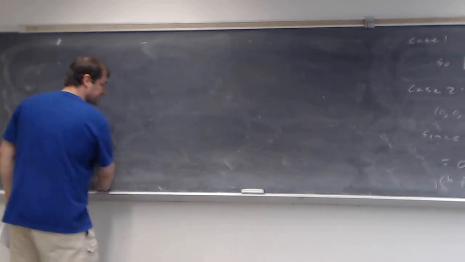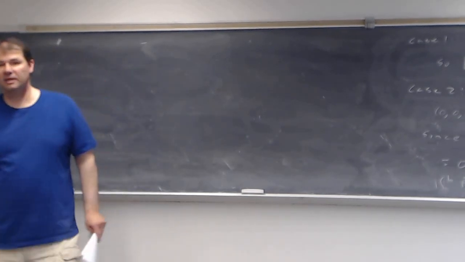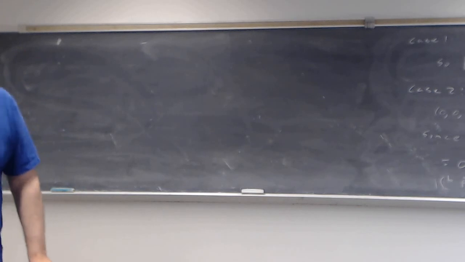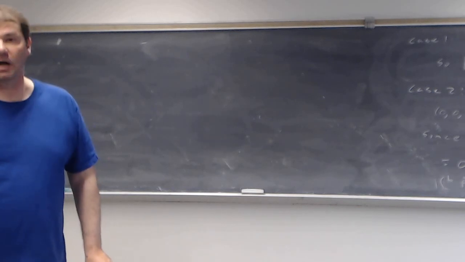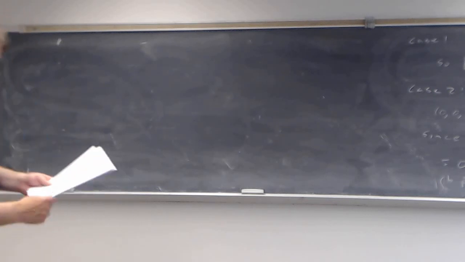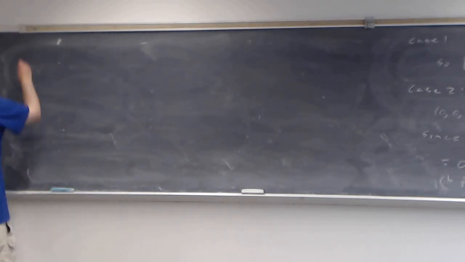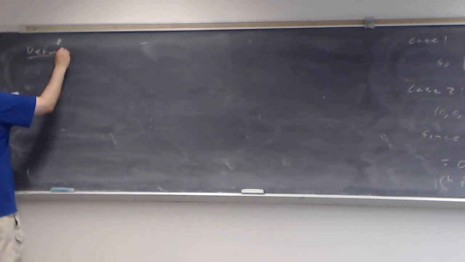We're now going to turn our attention, for the last part of this lecture, just for a few more minutes, to a topic that is of interest for complex analysis. And so here's the first definition to look at.